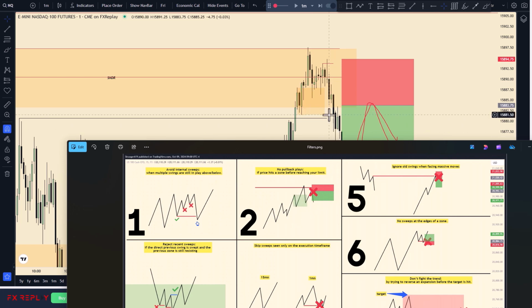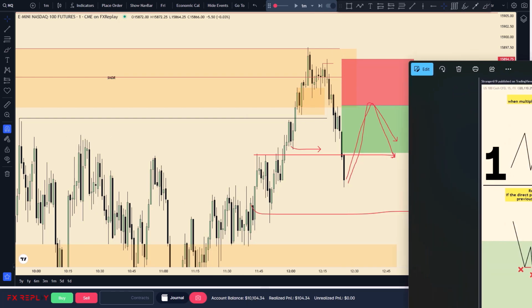So that indicates that price is changing the order flow, the structure, call it whatever you want. And this was the zone responsible for the break of this. Okay, and we took our short from here, and the price didn't give us that.